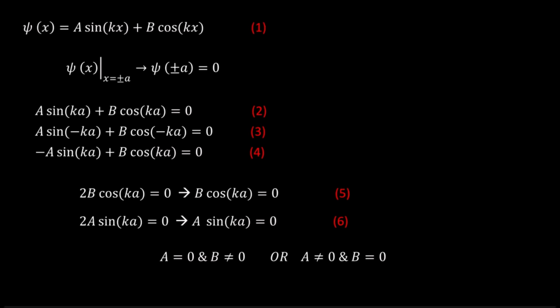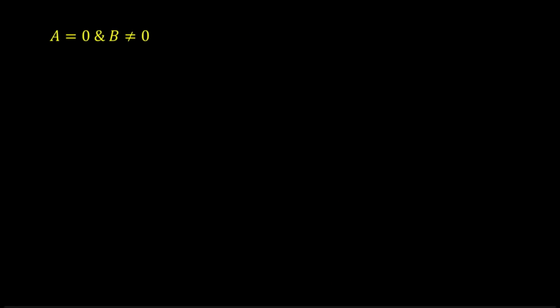So let's consider each of these possibilities separately. First, let's consider the case A equal to 0 and B not equal to 0. Then from equation 5 we have cos ka equal to 0.